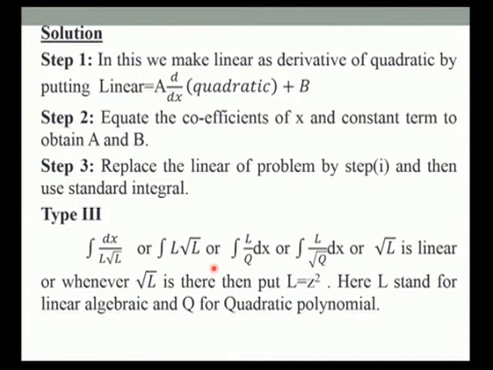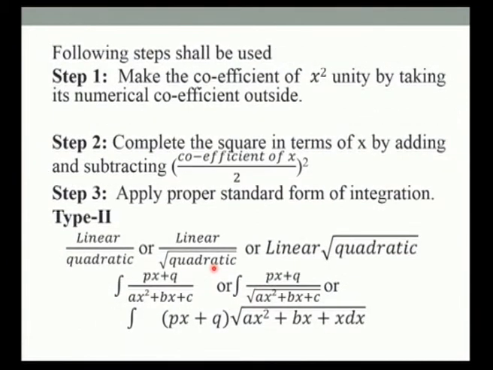I will give an example for this linear over quadratic first, then I will go to the steps. px plus q over ax square plus bx plus c is an example for linear over quadratic kind of rational function.